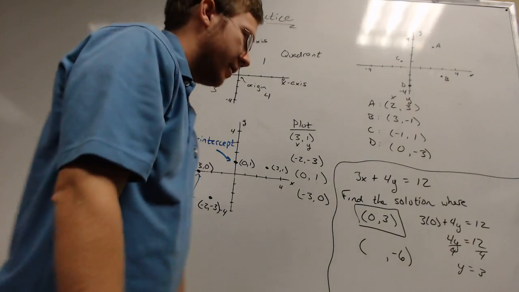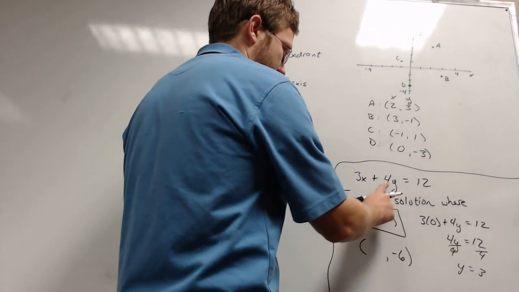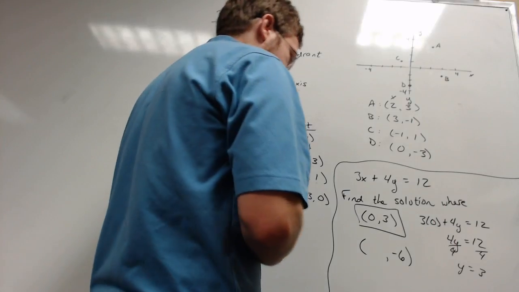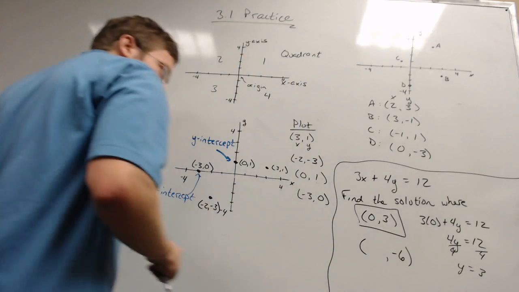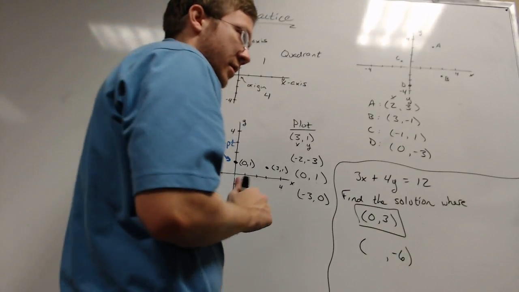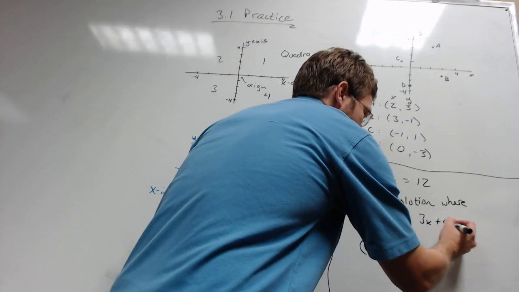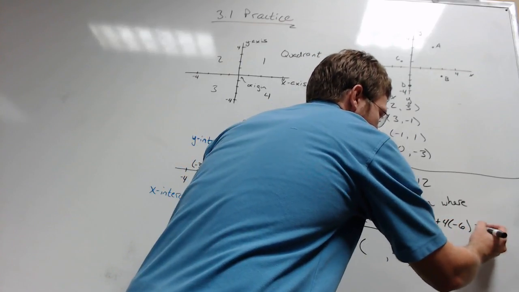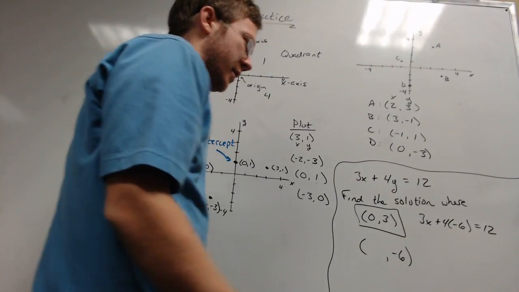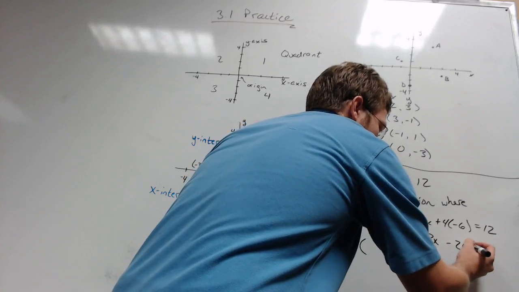If y equals negative 6, we can go into our equation and substitute in negative 6 for y. If we substitute negative 6 in for y, we would have 3x plus 4 times negative 6 equals 12. Multiply this, 3x, that'd be a negative 24 equals 12.